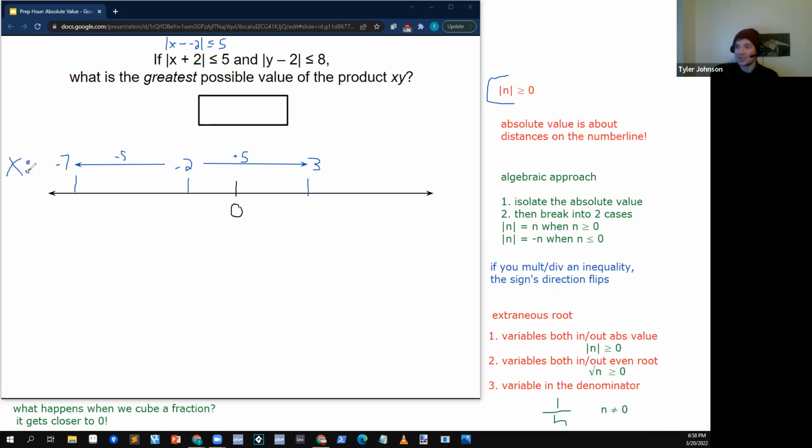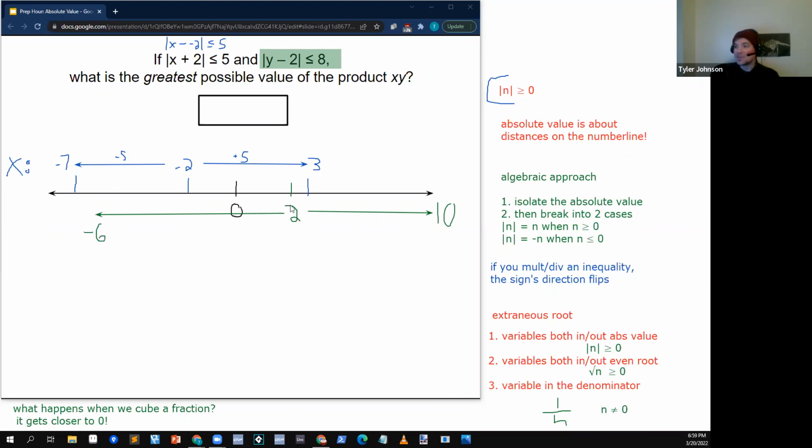Those are my possible values for x. For y, it's already subtractive. So the distance between y and positive 2 has to be within 8 units. So I could go 8 units to the right. That would put me at 10. Or I could go 8 units to the left. That would put me at negative 6.